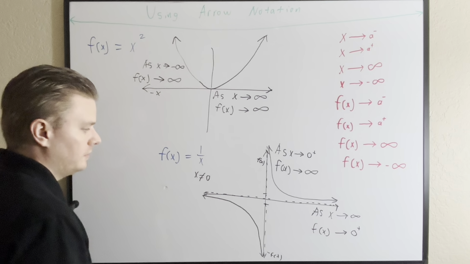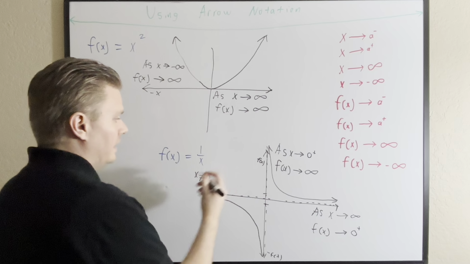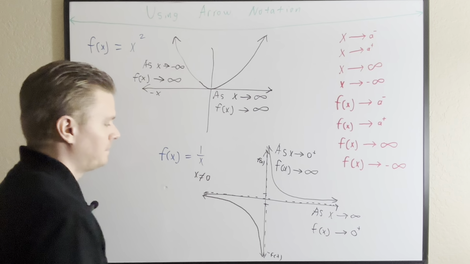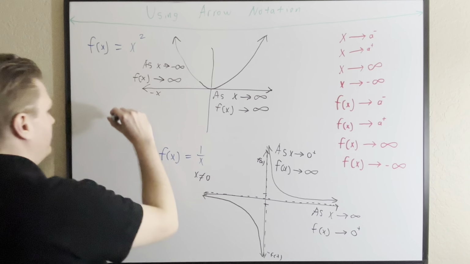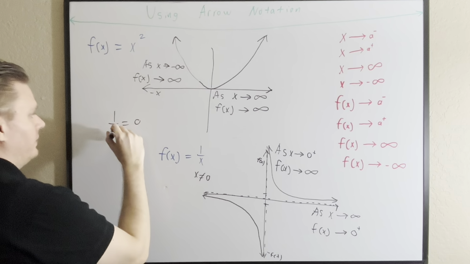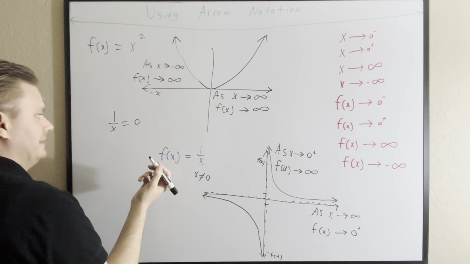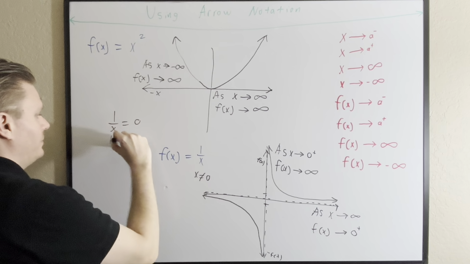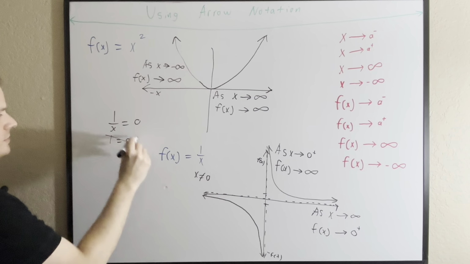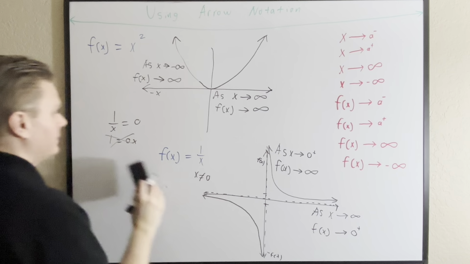F of x cannot equal 0. 1 divided by something equals 0? I don't think so. Because if you tried to solve that equation, what would you get? You would have to multiply both sides by x, right? Well, that just gives you 1 equals 0 times x, which is not a true statement. That is why that is also an asymptote.